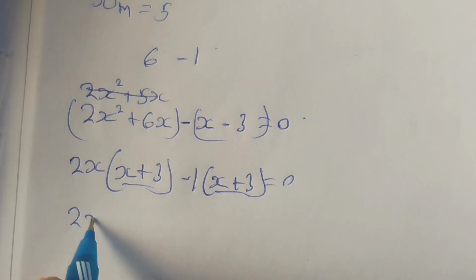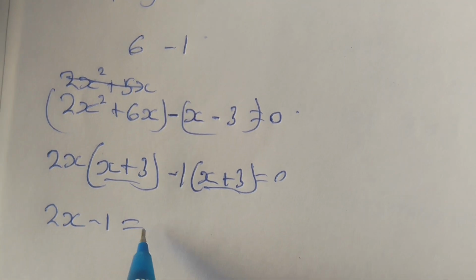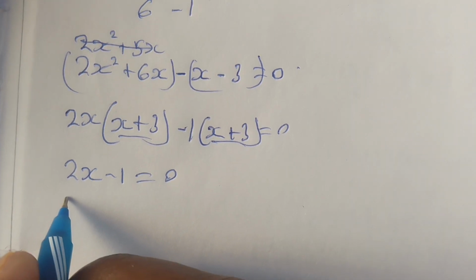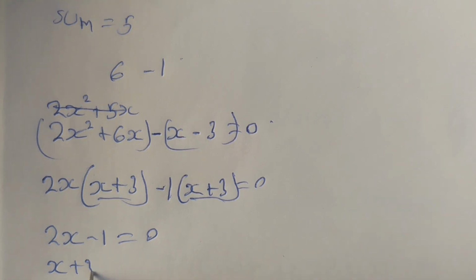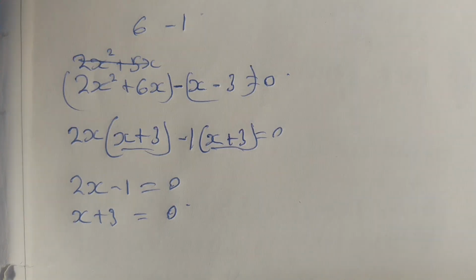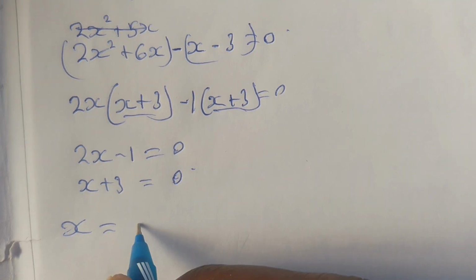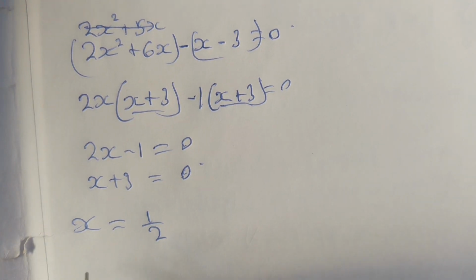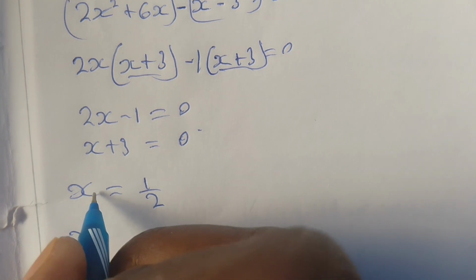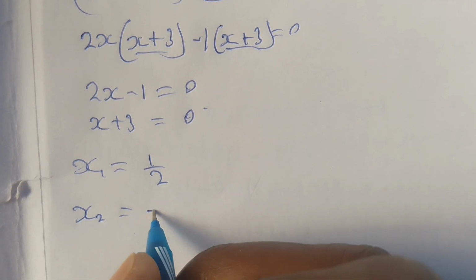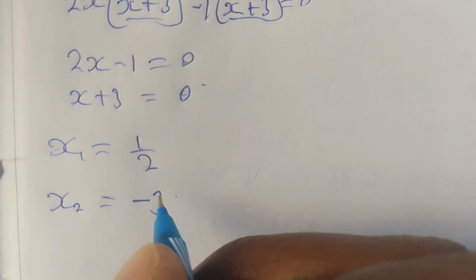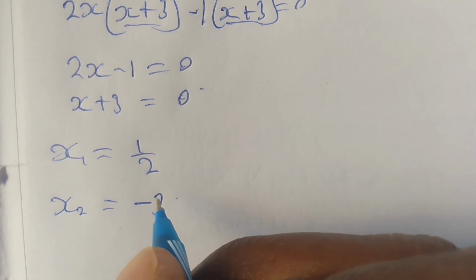So it is 2x minus 1 is equal to 0, and finally x plus 3 is equal to 0. Now x1 is equal to a half and x2 is equal to negative 3. That is by using the factorization method.